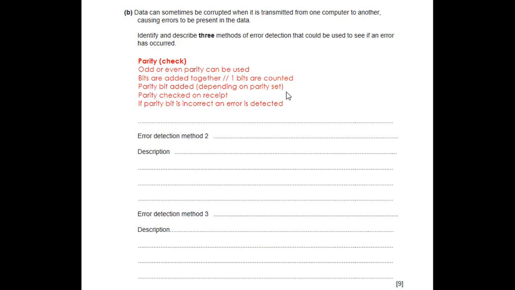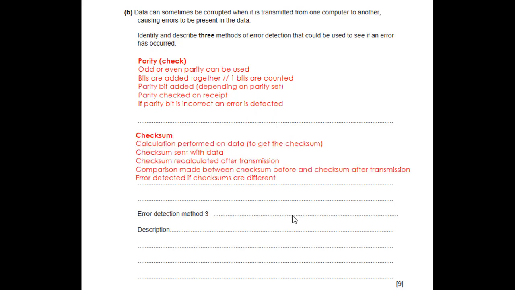If you want them all to be odd, you add either a 0 or a 1 as a parity bit to make them all odd, for example. When you receive it, you check to see if they all meet the rules of the parity, if they're all odd or even, depending on how you've set it up. And if anything doesn't follow those rules, it's detected.